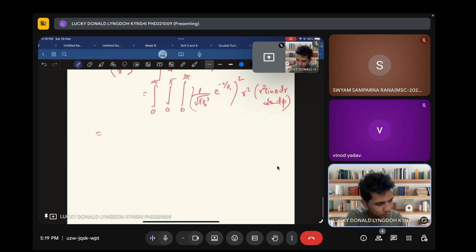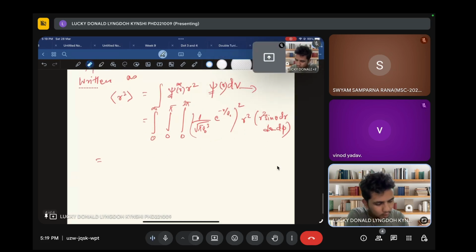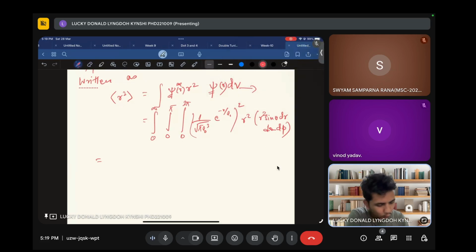Now, the 1 by pi a naught cube is a constant, so you can take it out, and with the square term you get 1 divided by pi a naught cubed.